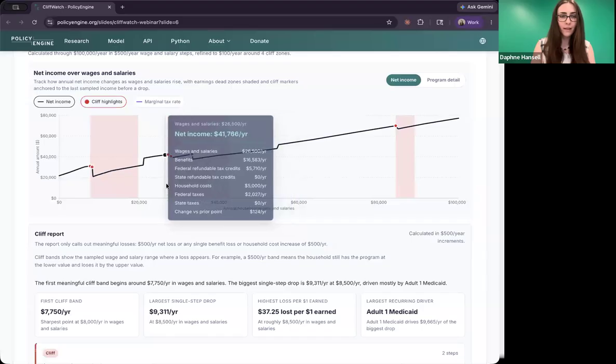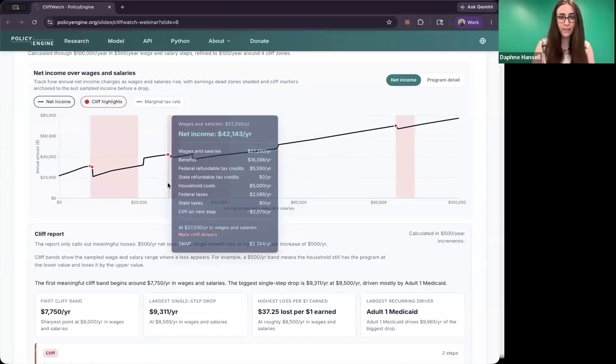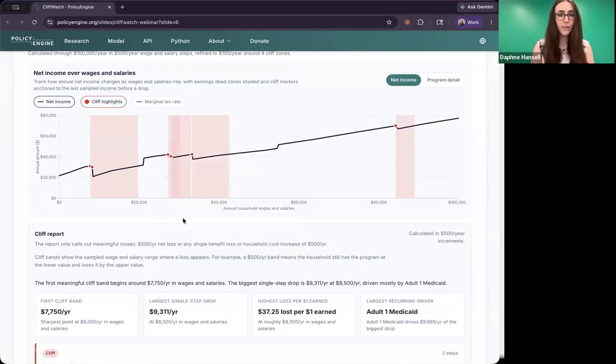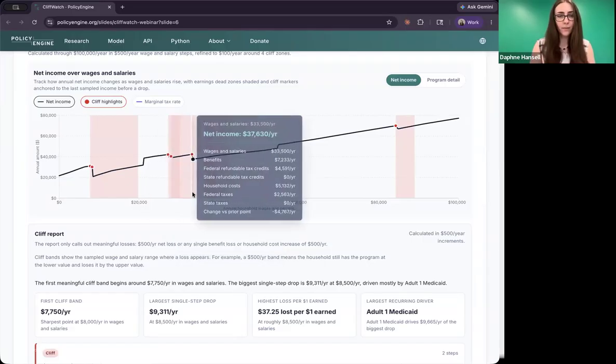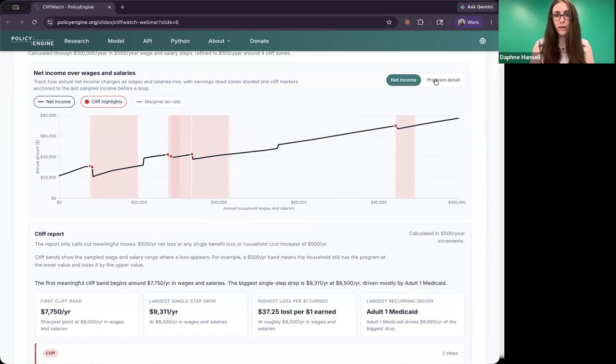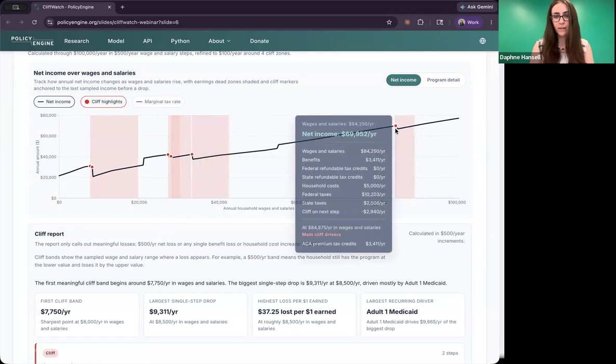The next cliff we see is SNAP at $27,000 a year, shortly followed by free school meals at another $500. Then we have the child losing Medicaid, and then the ACA premium tax credit.